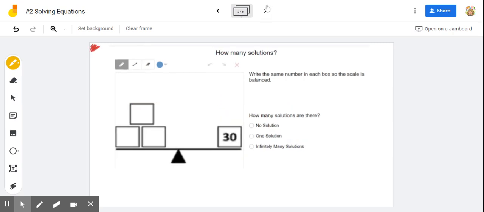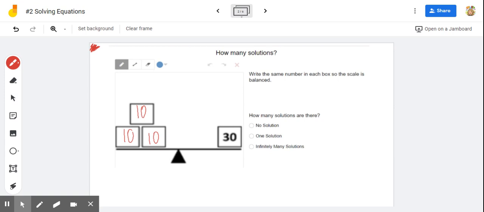All right. Our second idea was this scale. You noticed that I had 3 boxes on the left, but only 1 box on the right. To keep them in balance, there is only one number that would work here, and it's 10, so that it would be 30 on the left and 30 on the right.